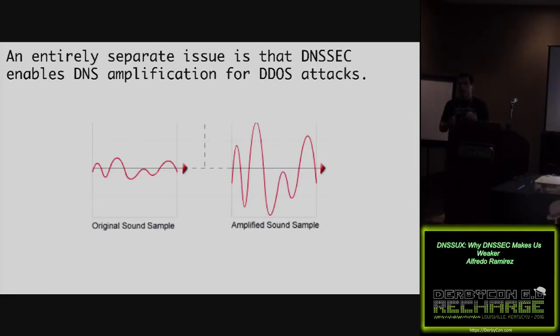That makes DNSSEC a really common vector for DDoS amplification attacks, via reflected DDoS attacks. Where before I would query a name server and the response that comes back is maybe 300 bytes, now it's well over 1,000 because of all of the overhead of the signing. That makes DNSSEC a really interesting vector for amplification attacks, and that's another reason why people don't want to adopt it.